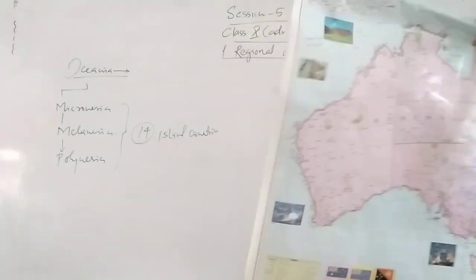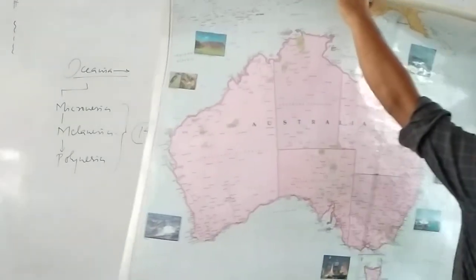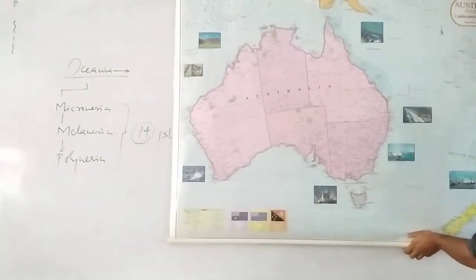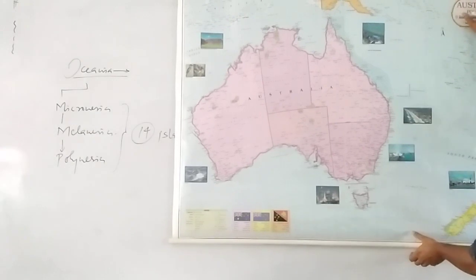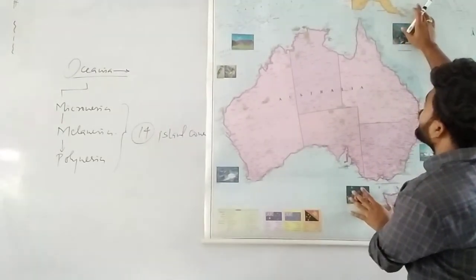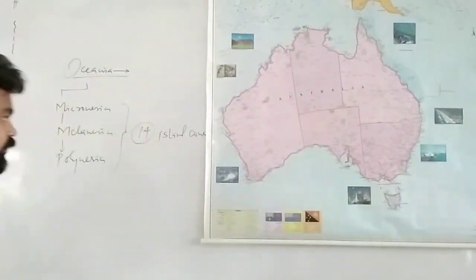So you will get the map of Oceania along with the map of Australia, because we know that Australia is the largest country of Oceania. I think it is visible to you clearly. First, this is Australia.